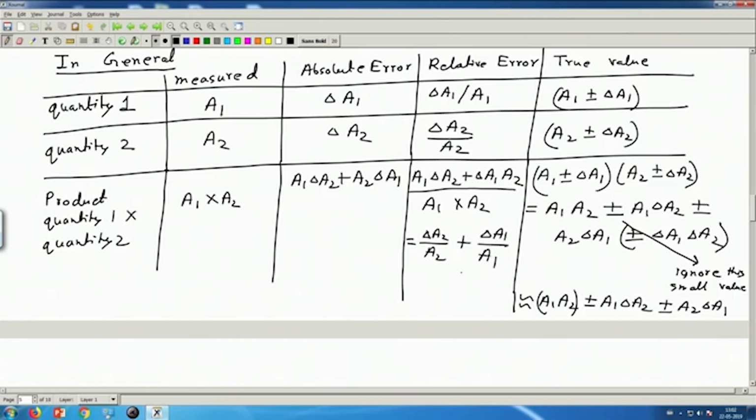So you see that the relative error in the product is the sum of the individual relative errors. This is true in general.